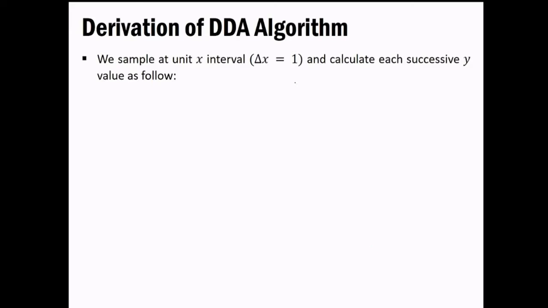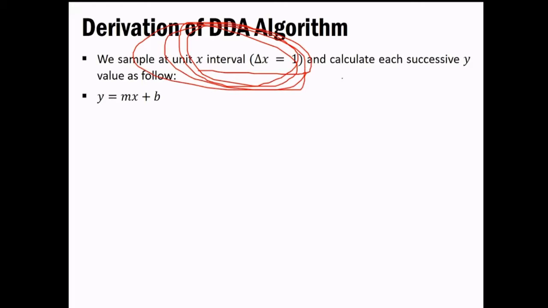Okay, but now we don't have something that will calculate the value of y, so for that we need some equation. So if we need some equation, then we have to derive it first, and then we will be able to use that thing. Okay, so that is required at this particular stage. Okay, so now see, keep this thing in mind. What we are doing is we are doing it for unit x interval, that is delta x equal to 1.